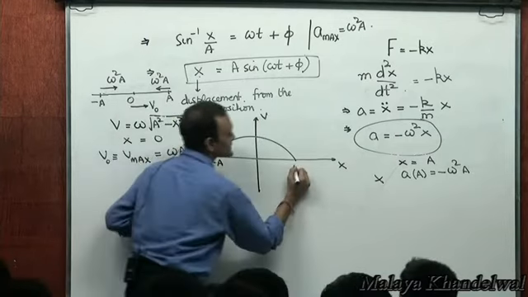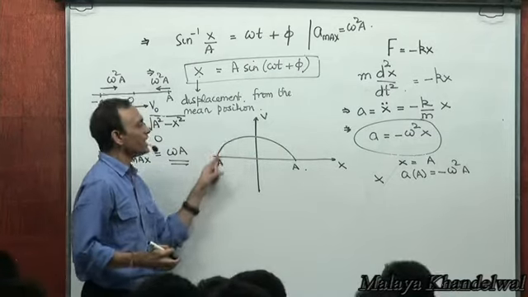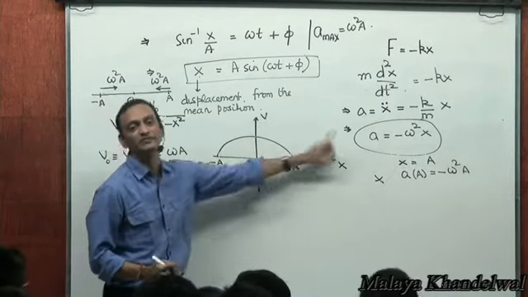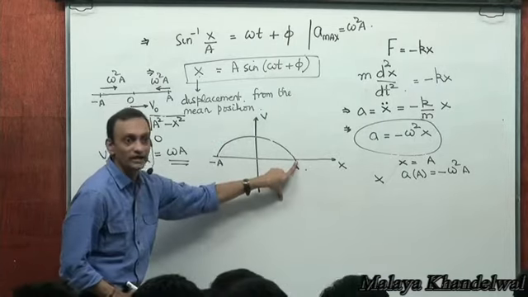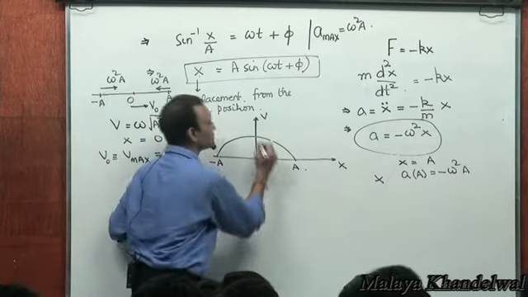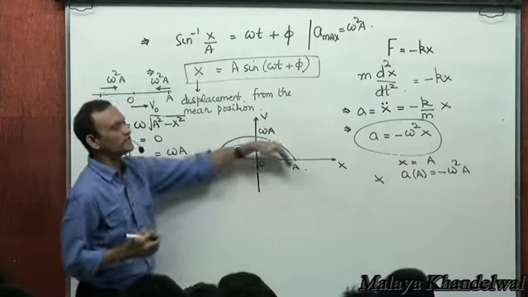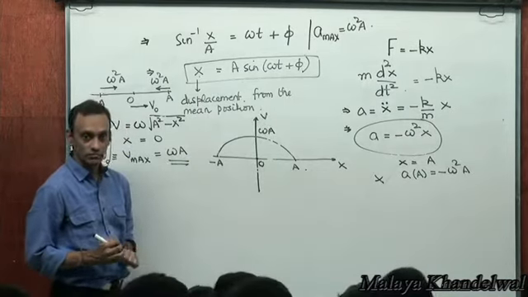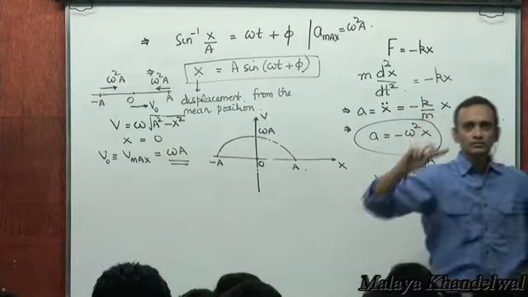Between minus a to plus a, it's going to be an elliptic shape. At x equal to a, it's going to be 0. At x equal to minus a, it's going to be 0. At x equal to 0, the mean position, it's going to be of magnitude omega a. That's the speed versus x characterization, right? That's tricky.